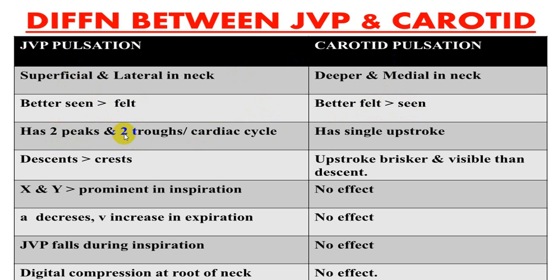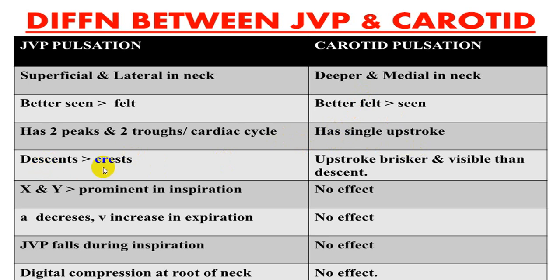Two ups and two downs: the A wave followed by the X descent, then the V wave followed by the Y descent. So we have two descents and two peaks, while the carotid has one upstroke and one downstroke.